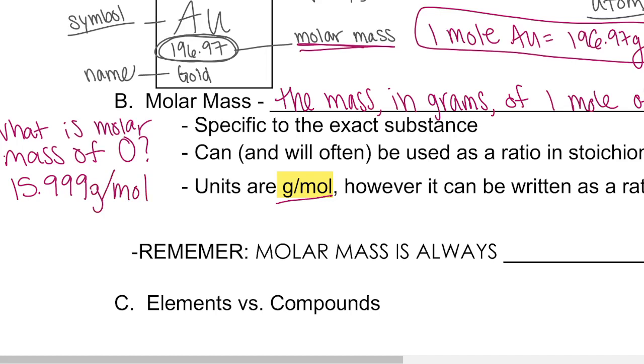So typically, if we are asking for just molar mass, this is what I am asking for, grams per mole. I can't just ask what is the molar mass if I don't tell you what substance I'm talking about.